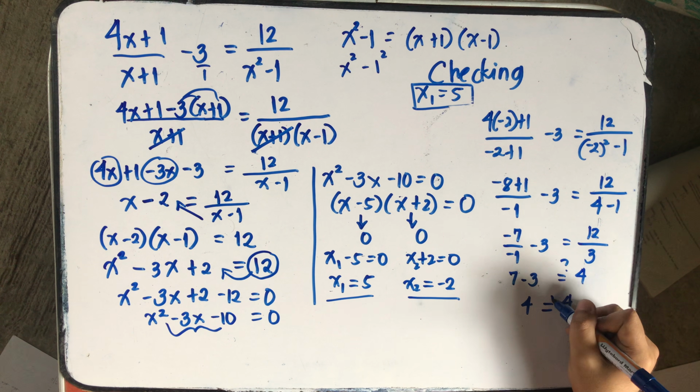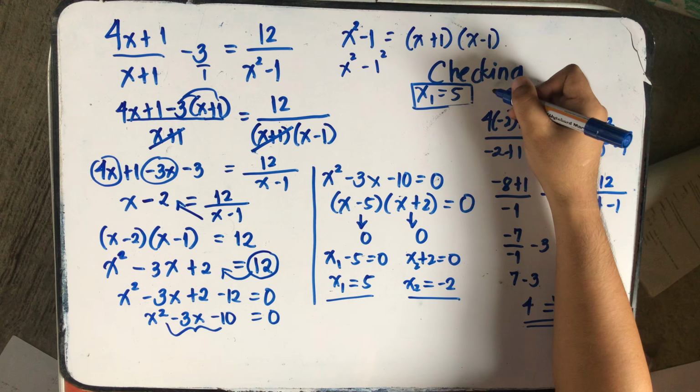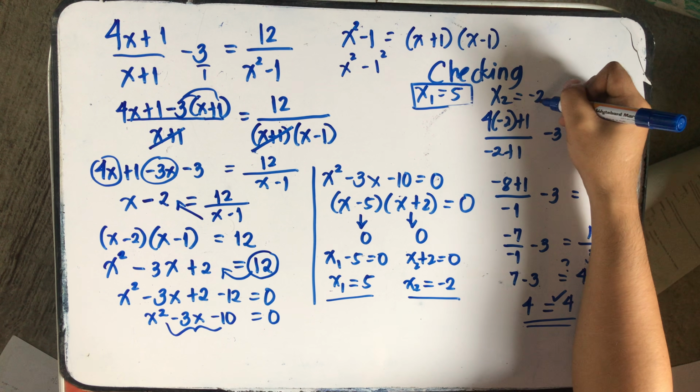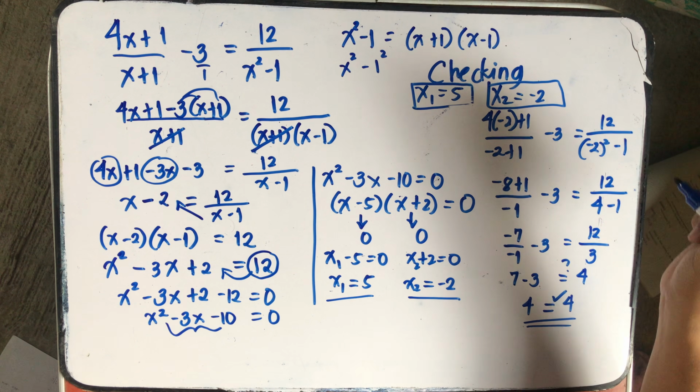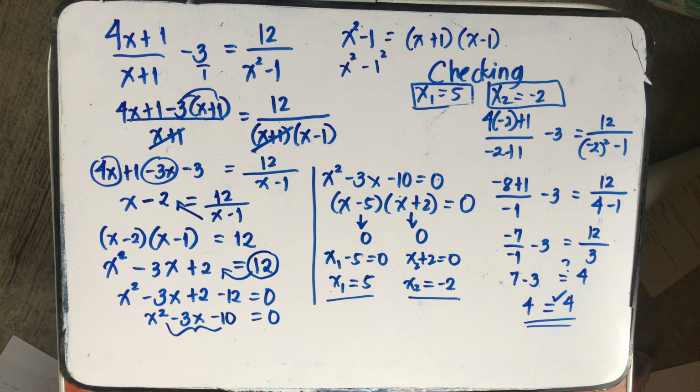Therefore, 4 is really equal to 4. Therefore, x2, which is equal to negative 2, is also a solution. So, that is how we get the values of x if the term is factorable. I hope this is clear.